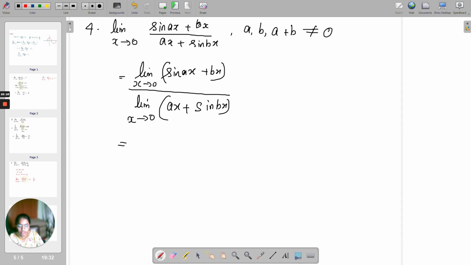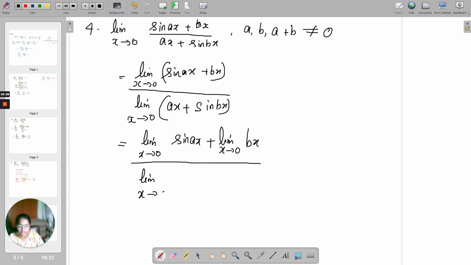Again, I can even write it as limit x tending to 0 sine ax plus limit x tending to 0 bx, whole thing divided by limit x tending to 0 ax plus limit x tending to 0 sine bx. Now what if I substitute x as 0? I would get sine 0 plus 0 divided by 0 plus 0, which is 0 by 0 form.